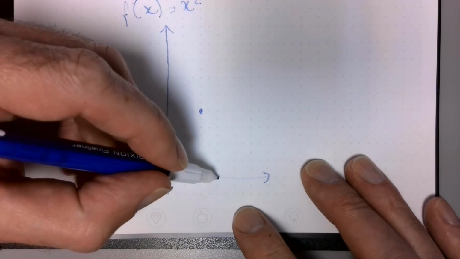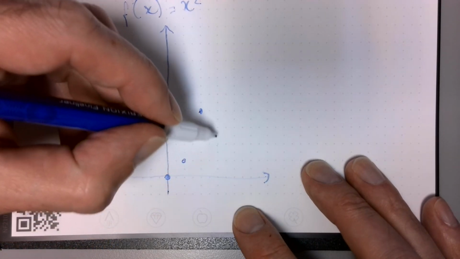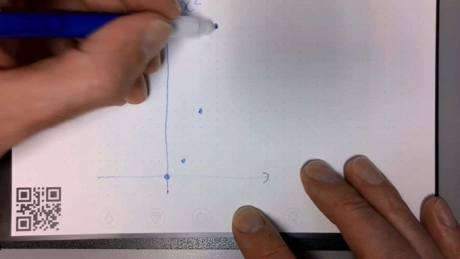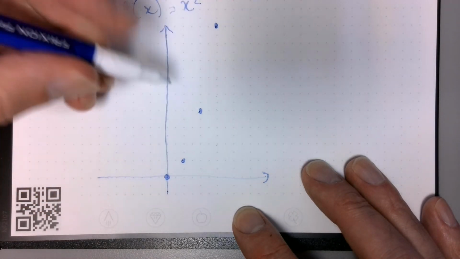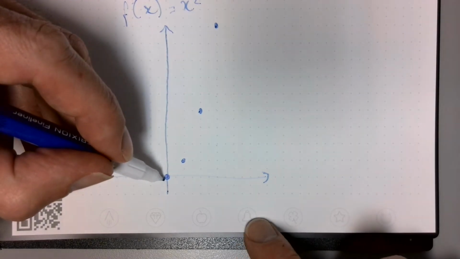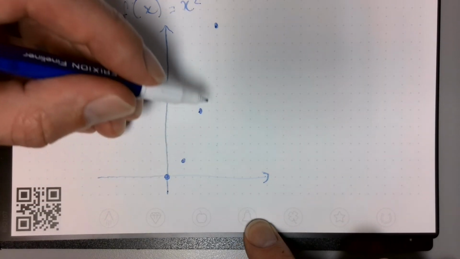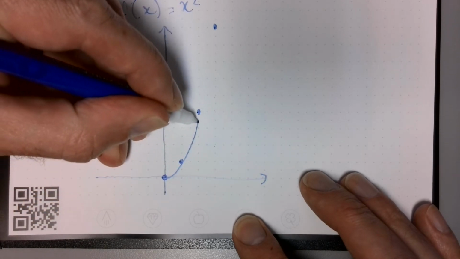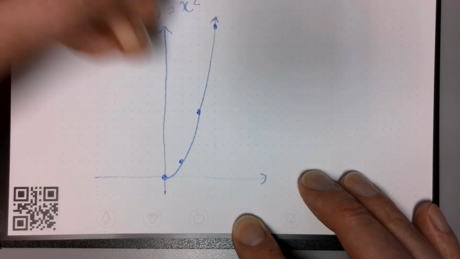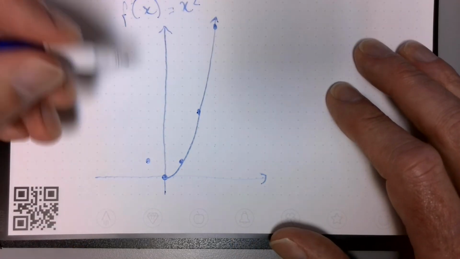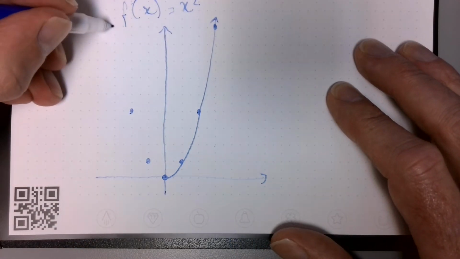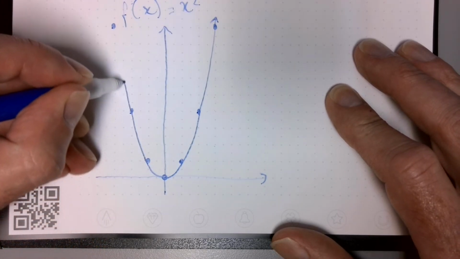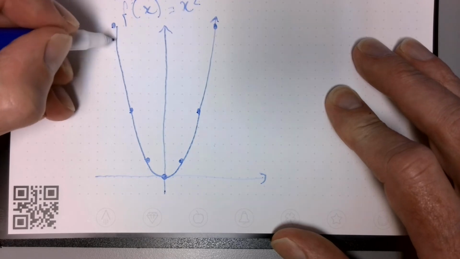And I guess if you want, it also goes through 3, 9. Okay, so 0, 0, 1, 1, 2, 4, 3, 9. And of course we connect the points on our graph with a nice smooth curve. This function is symmetric about the y-axis. So if you know the points on the left side, you get points on the right side for free.